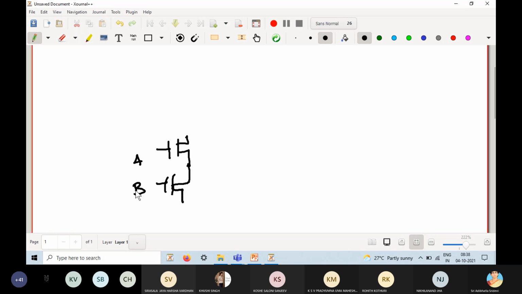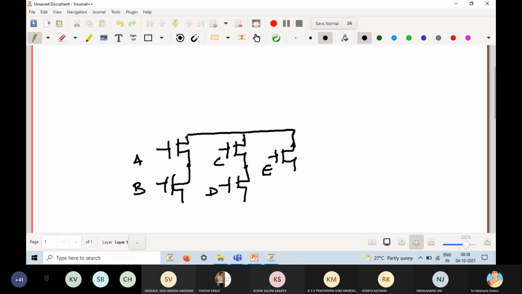AB plus CD plus E. This is the NMOS part.